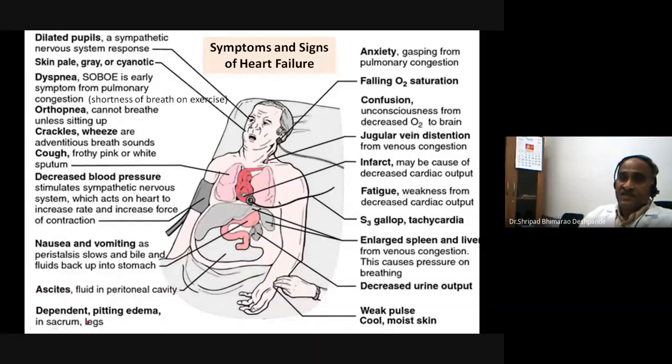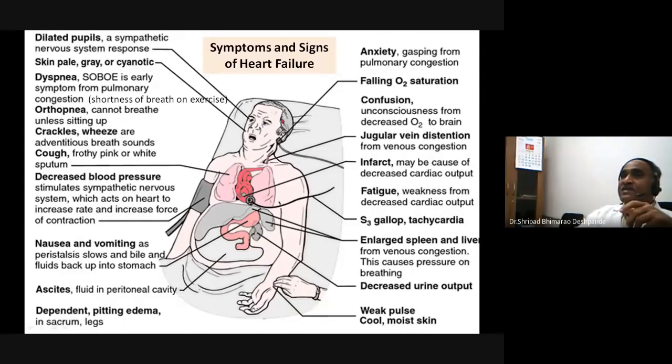And there is fluid accumulation in the dependent parts or the lower limbs. If a person is sleeping, he may have all the fluid at the back. That is the dependent parts, pitting edema, or it may be on the sacral region, the backside, the gluteal region, or on the legs, depending upon the posture.